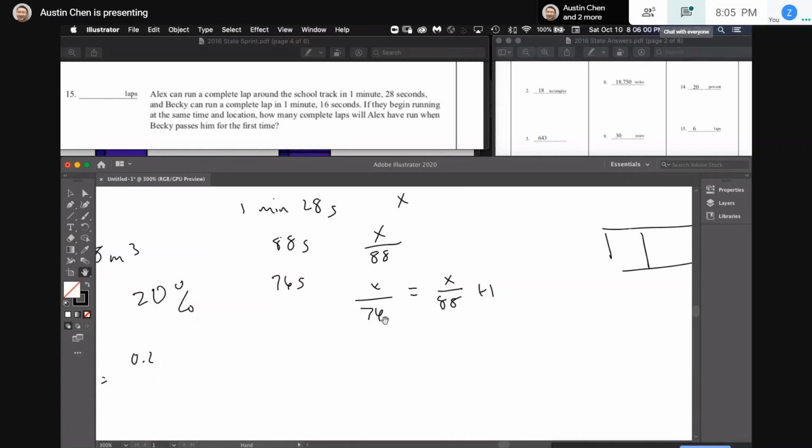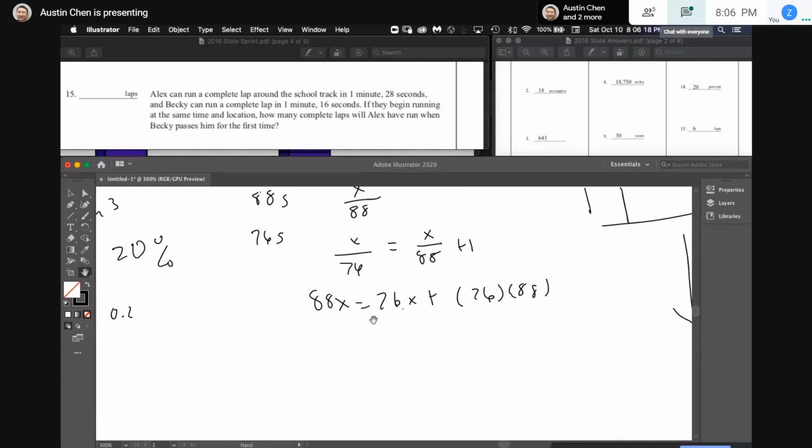So maybe we should just multiply by 76 and 88. Then we have 88x equals 76x plus 76 times 88. And we can just leave it like this for now, and then expand it later.